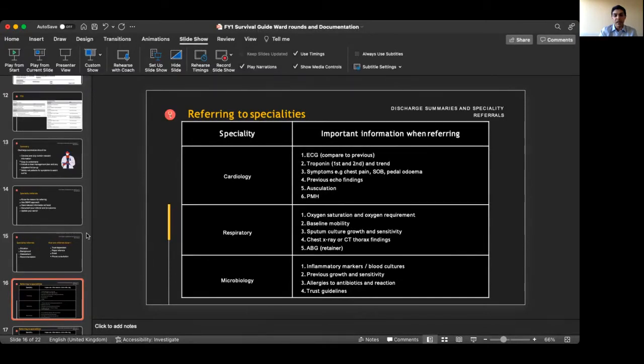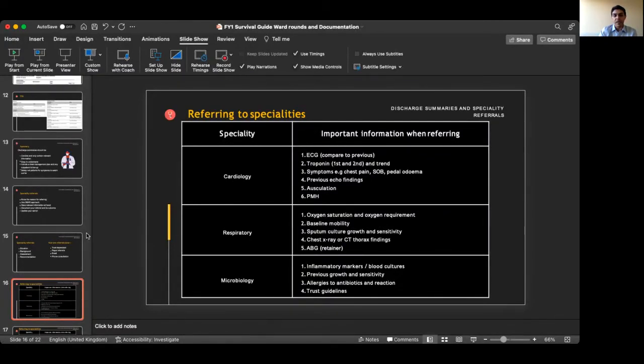Any allergies to any antibiotics and any reaction to those. As we mentioned previously, some patients might say they're allergic to penicillin, but when you actually ask them what happens when they take penicillin, they might say, oh, I have a mild rash. So that's not really an anaphylactic reaction, and you could potentially give this patient penicillin if it comes to it.